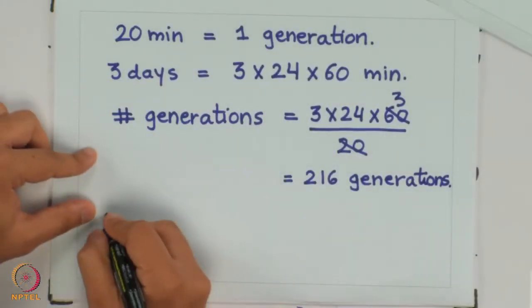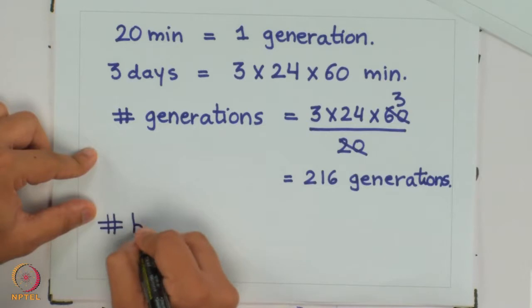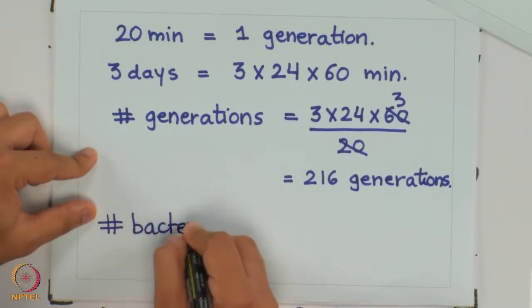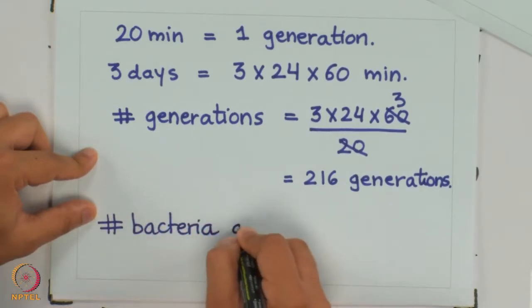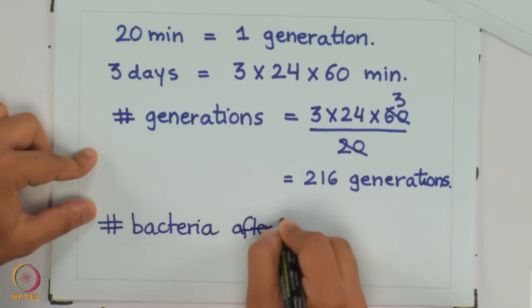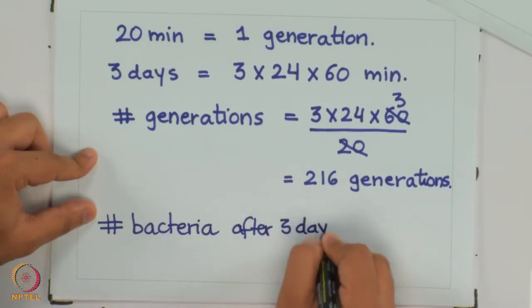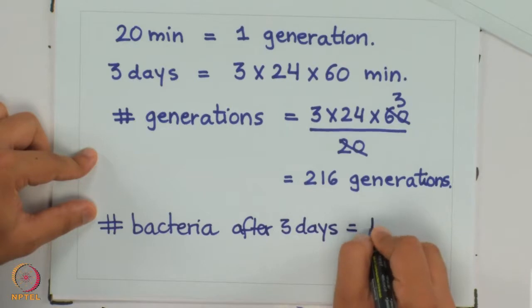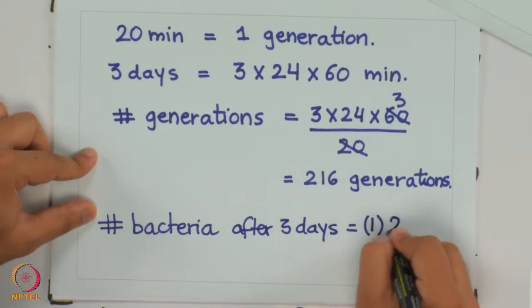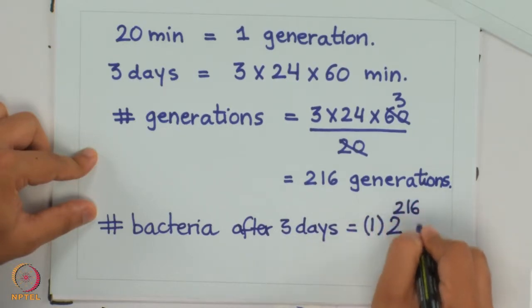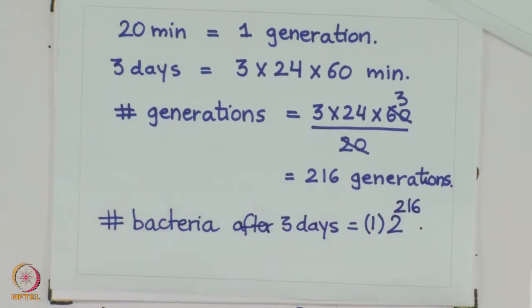So the number of bacteria at 3 days is equal to n naught, which is 1, into 2 to the power 216. Okay. Now, is this a very large number or a small number? We want to get a relative sense of the magnitude of this number.